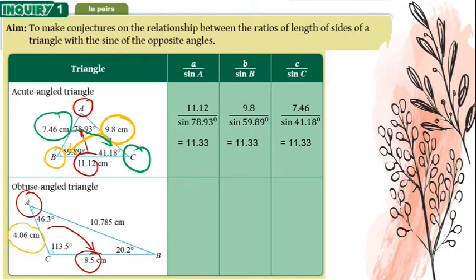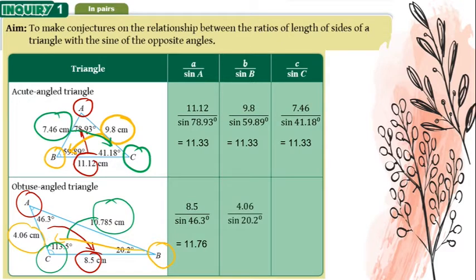Here is b, since it is located opposite to vertex B. And lastly, this one is c, since it is located opposite to the angle at vertex C. So try to find the answer. 8.5, the red color, divided by sine 46.3, you will get 11.76, and then 4.06 divided by its sine, you will also get 11.76, and lastly you will also get 11.76.